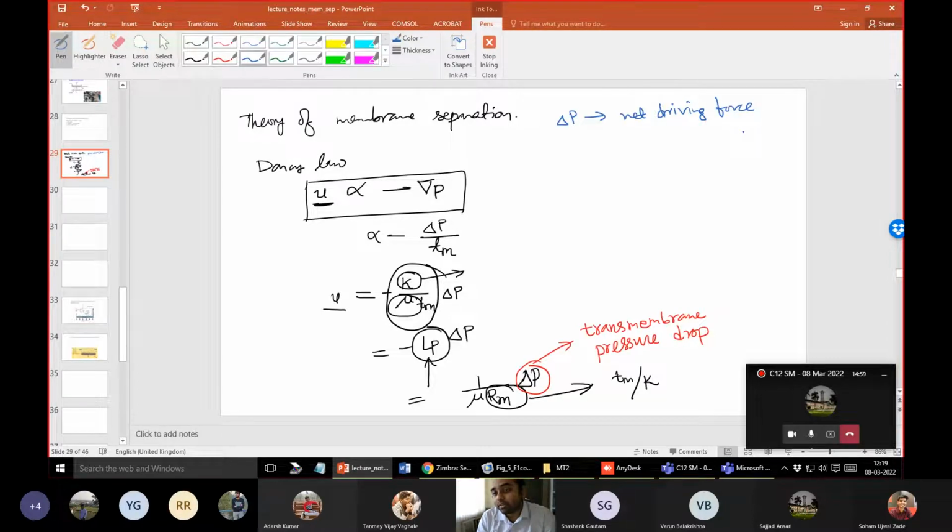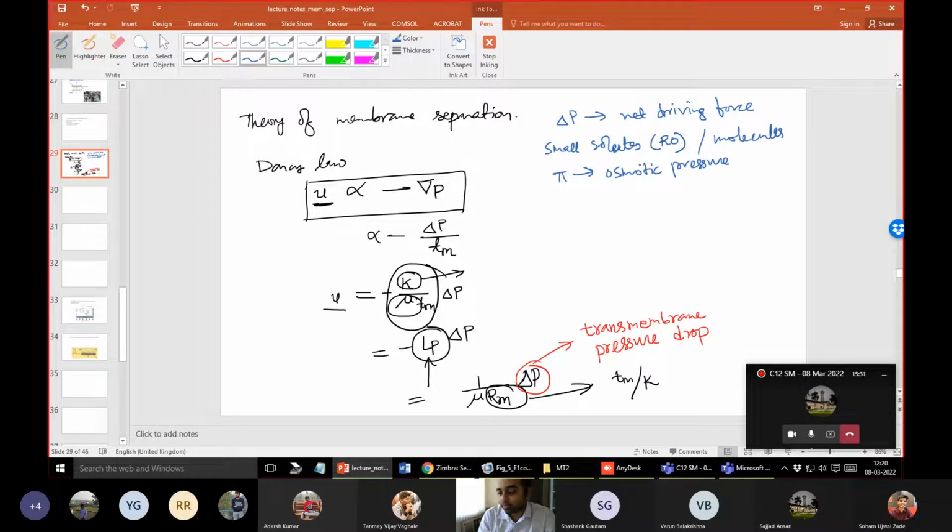Now if you have very small solutes to be separated, let us say you are having an RO type process, then you will have very small solutes, essentially salt molecules, to be separated, and these small molecules essentially have large osmotic pressure. So osmotic pressure plays a big role in this case.